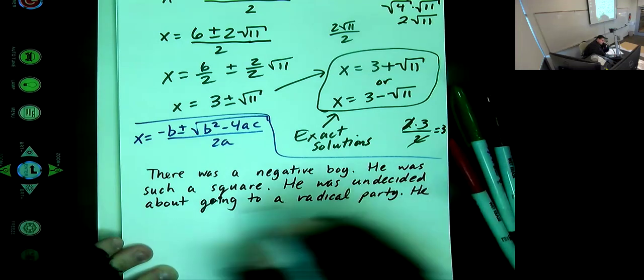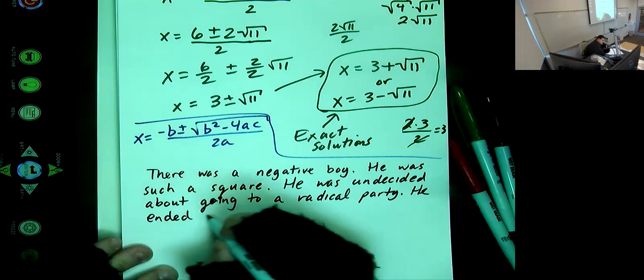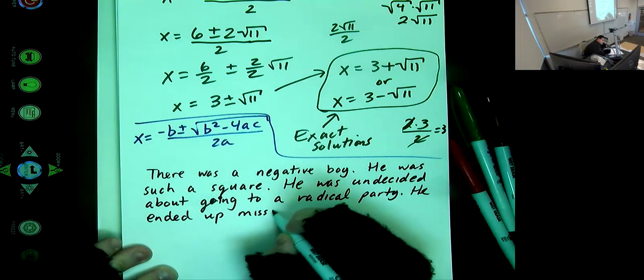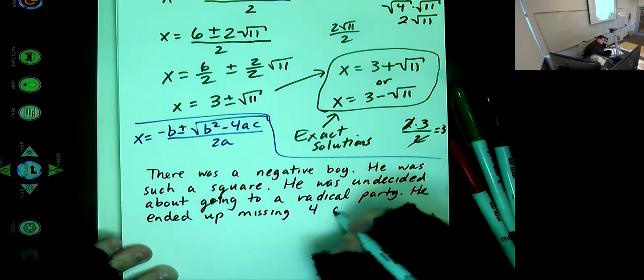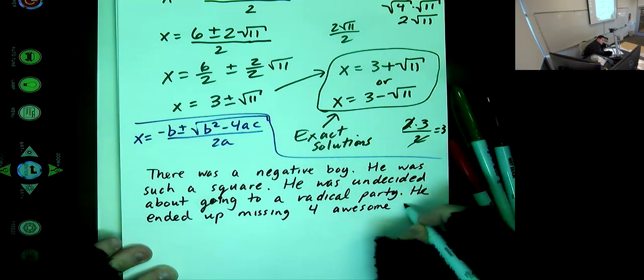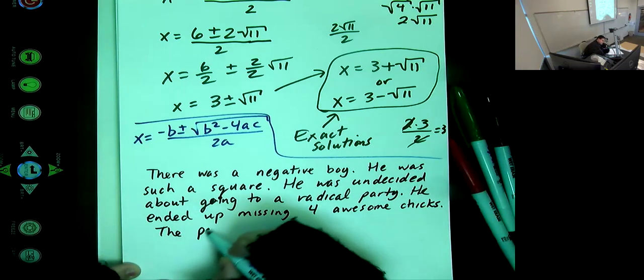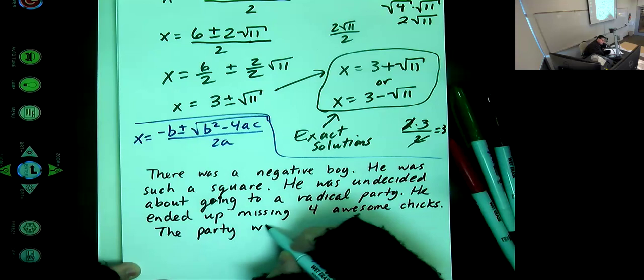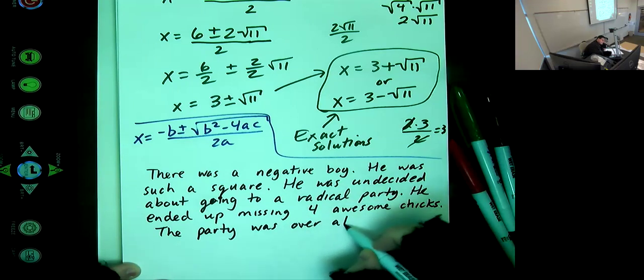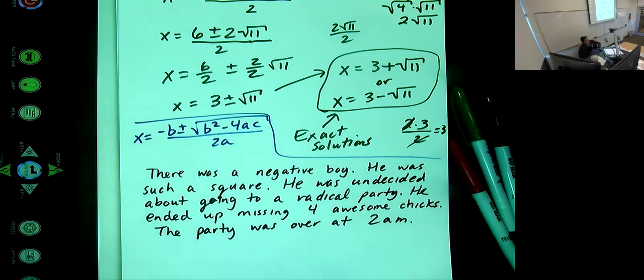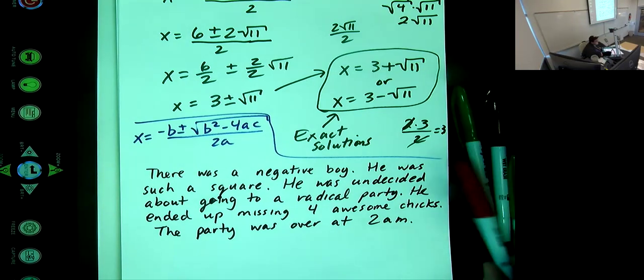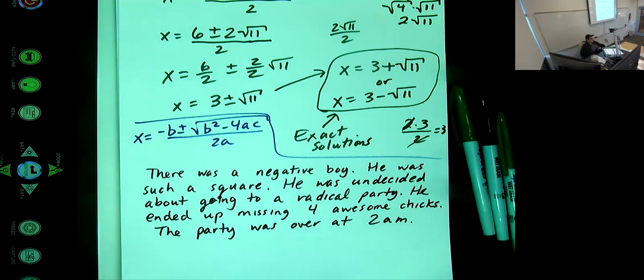He ended up missing 4 awesome chicks. The party was over at 2 a.m. Did it work?